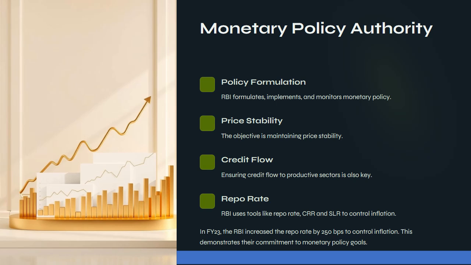Then another important feature under monetary policy is the repo rate. What does repo rate mean? Repo rate means the rate at which the RBI gives money to commercial banks. So the RBI uses tools like the repo rate, CRR and SLR to control inflation.